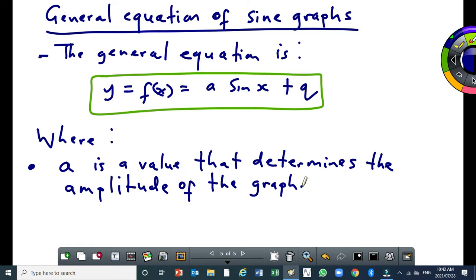Please, A is not the amplitude, but it is a value that you can use to determine the amplitude, because A can be positive or negative.